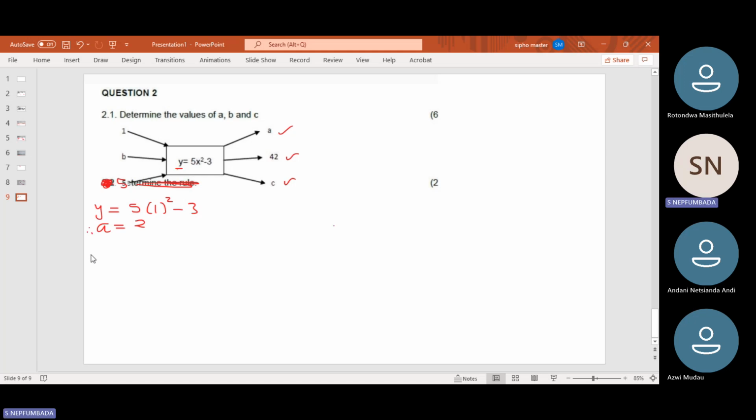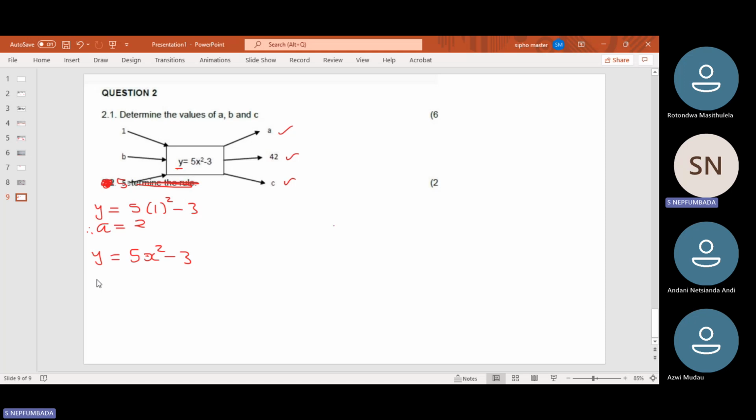So we require y is equals to 5x squared minus 3.